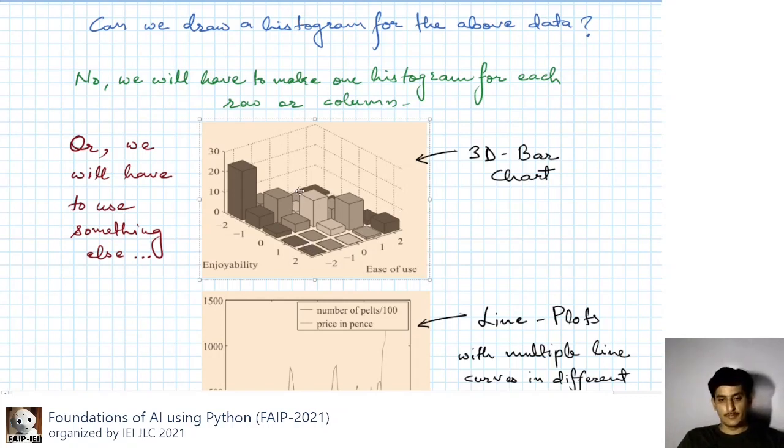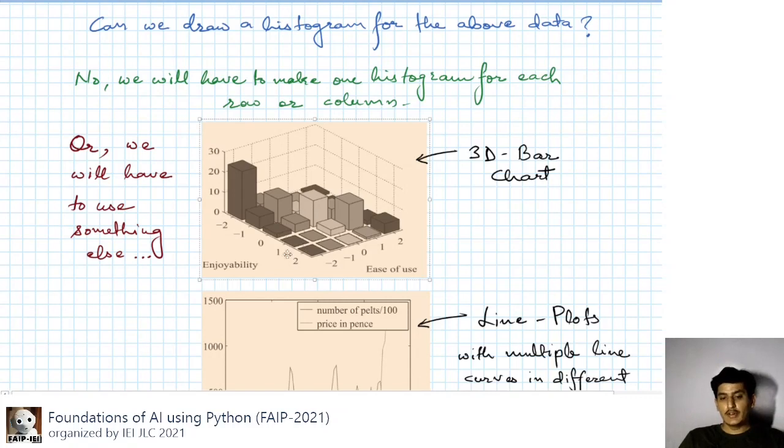So when you see this particular bar here in this 3D diagram, it denotes that when the enjoyability is very less and the ease of use is very tough, most of the users have voted for this. So it can be interpreted as most of the users who found the software to be very tough also found it very less enjoyable, and so on. So this is what a 3D bar chart is.